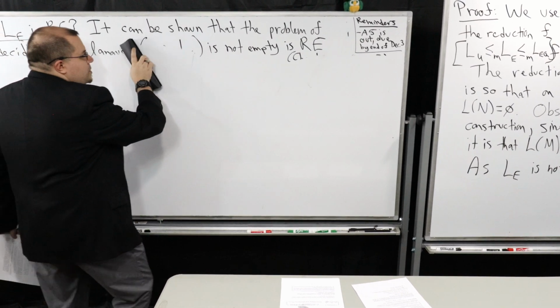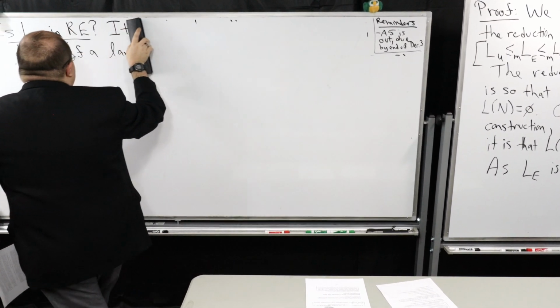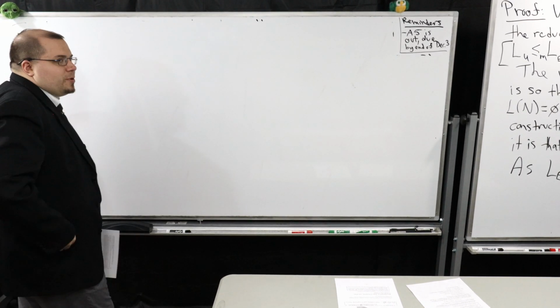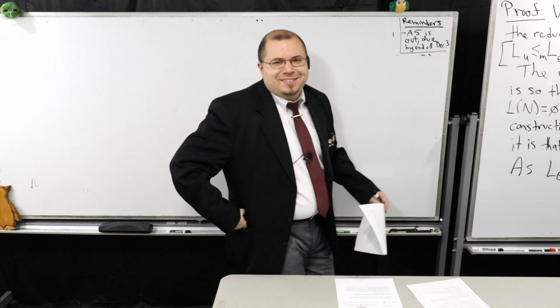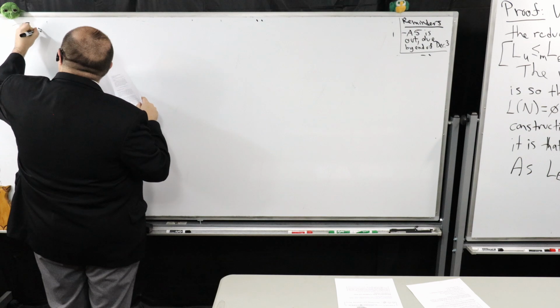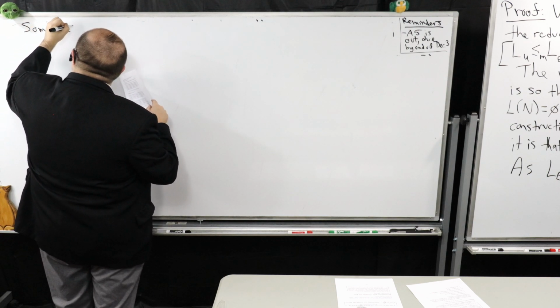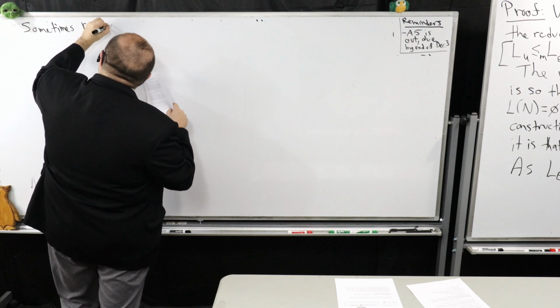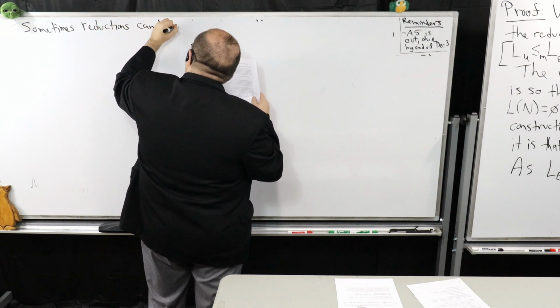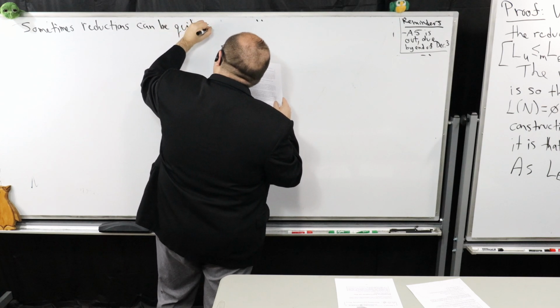But let me describe one result for you, because I promised you at some point I was going to tell you how it's possible and how it's done. So I'm going to say sometimes reductions can be quite complex.